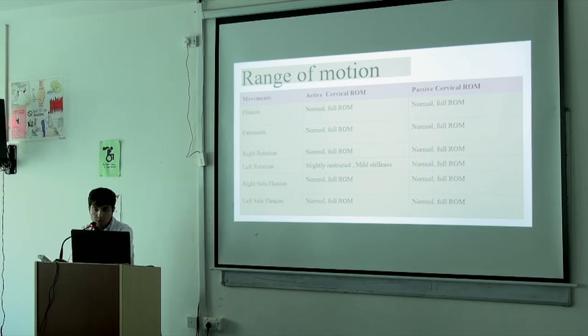For passive it was normal and full. For left cervical rotation, the movement was slightly restricted and there was a presence of mild stiffness in the neck. The passive range of motion was normal. Now the right side flexion, both active and passive was normal and full. For left side flexion, both movements were normal and full.